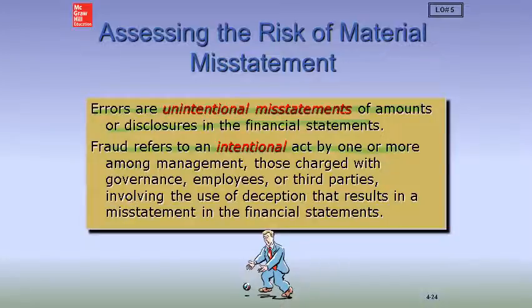It can be management, those charged with governance, our board of directors, or employees, anywhere along the chain of command in the company. So errors are unintentional misstatements, whereas fraud is an intentional misstatement. That's why we call them misstatements. We don't call them errors, because they could be intentional.